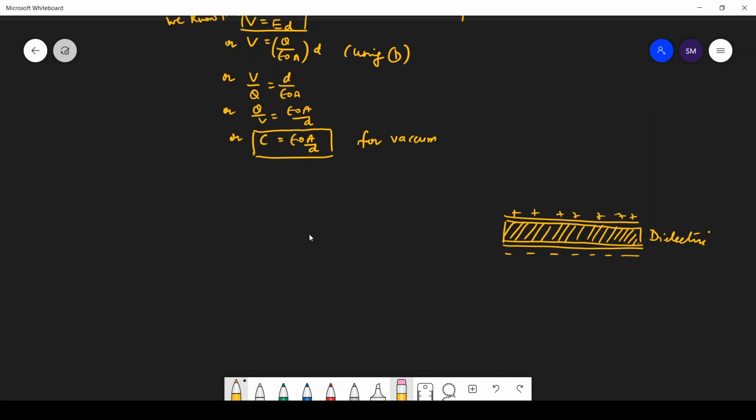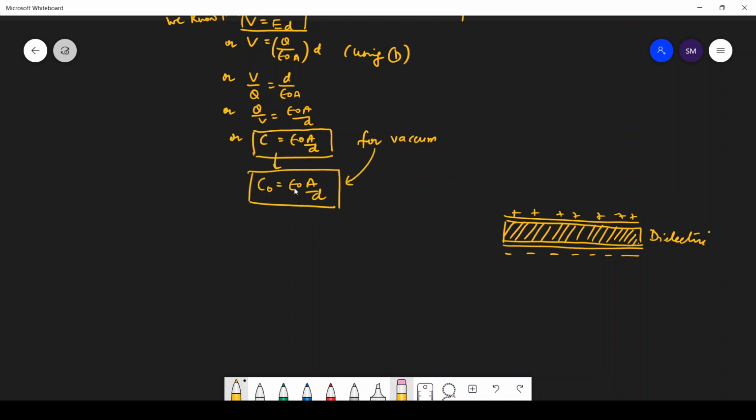Now what will be the formula if you are inserting dielectric? We can also write this formula as C naught.